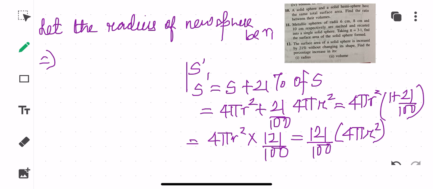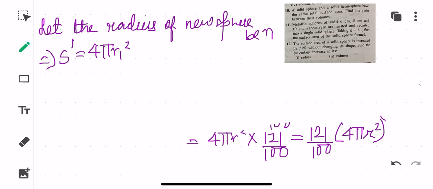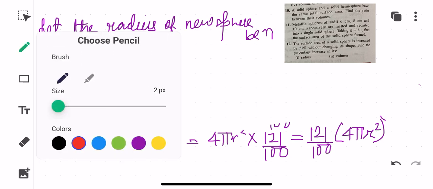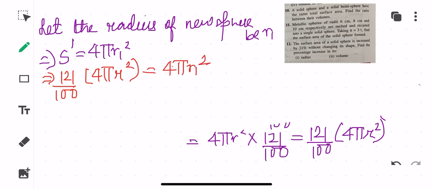You will write that s dash that we have calculated should be equal to 4 pi r1 square. So now I'll erase this and keep only what I have calculated. This implies 121 upon 100 into 4 pi r square is equal to 4 pi r1 square. So here 4 pi is getting cancelled.